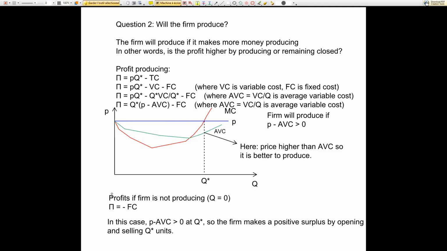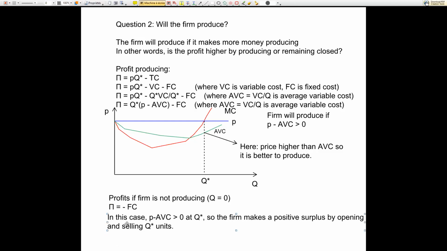So the third question that we can ask now is, what is the supply of the firm? Well, the supply of the firm is the link between the market price and the quantity produced. Do we have a link?